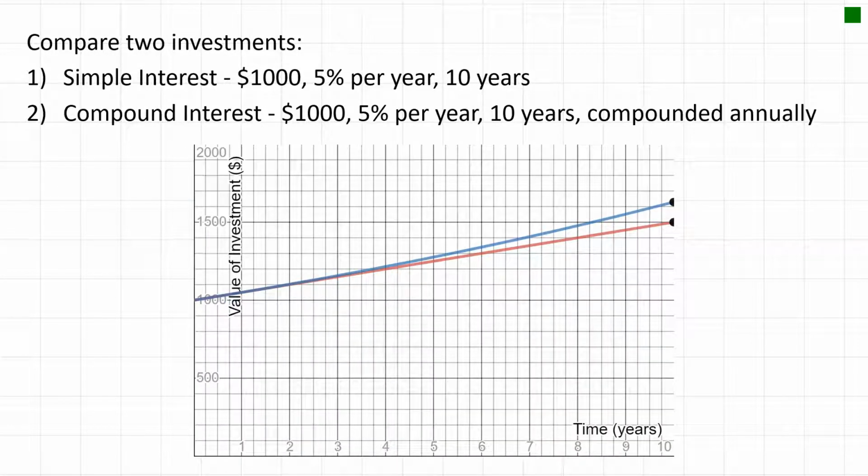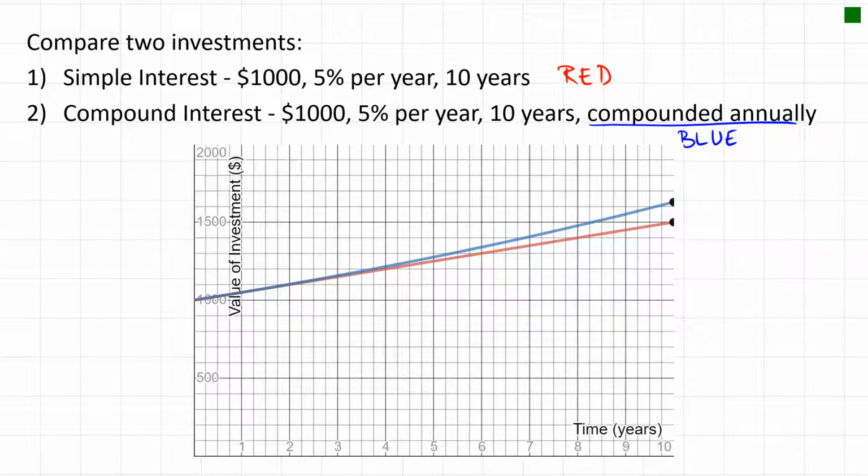Before we get into the calculations, I want to show you a couple of examples. So I've graphed out for you two graphs. One, simple interest, which is in red. So this is $1,000 invested at 5% per year over 10 years. And compound interest, which is the same investment with the same interest rate, only we reinvest that interest into the principal annually, so once per year.